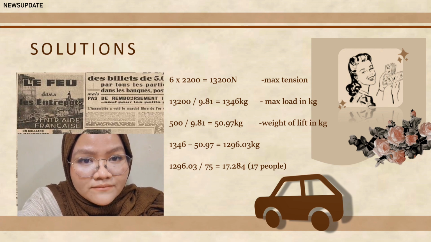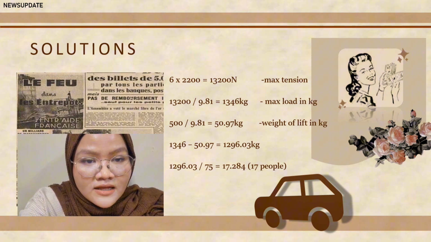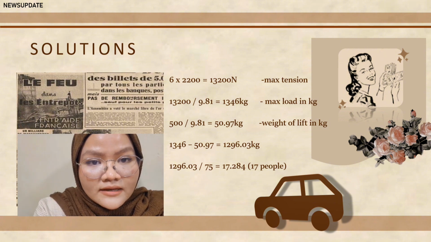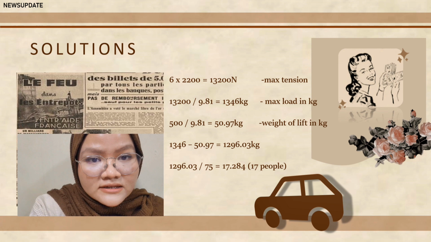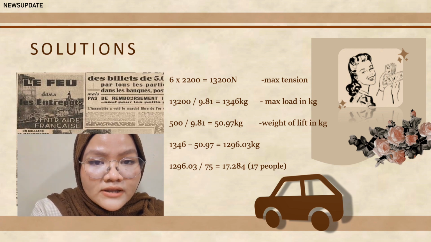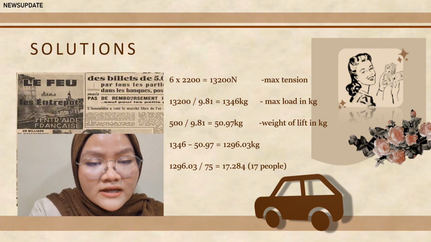So now we will get a mass of 1,346 kg. After that, we want to find the mass of the lift, so we do the same, and then we will get 50.97 kg, and then we will get 1,296.03 kilograms, and then we will divide it by 75 kilograms to find the number of passengers.